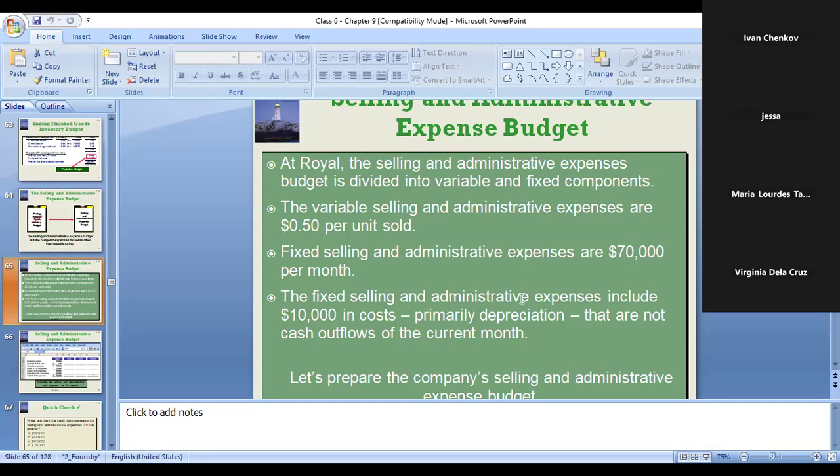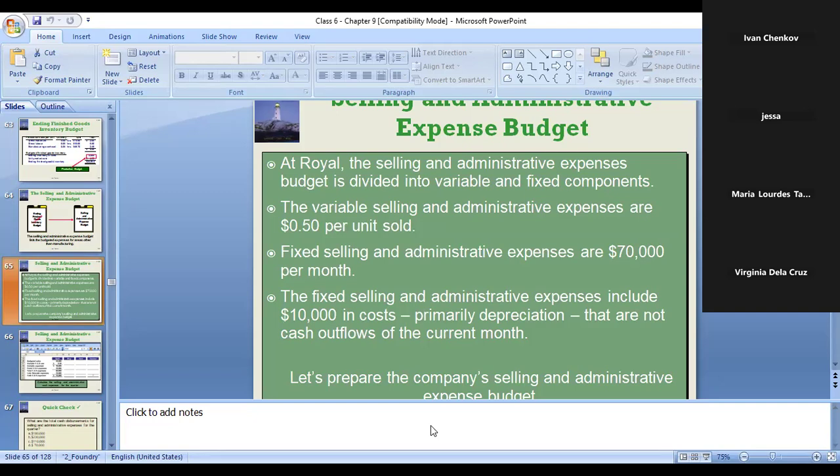Plus, all the selling administrative expenses per month total $70,000, which is fixed cost. Out of those $70,000, $10,000 is related to depreciation, which is a non-cash item. Now we have the information to prepare our sales administrative cost budget.